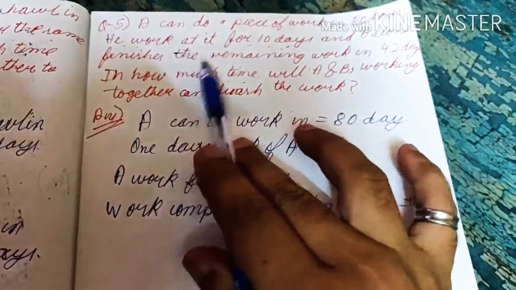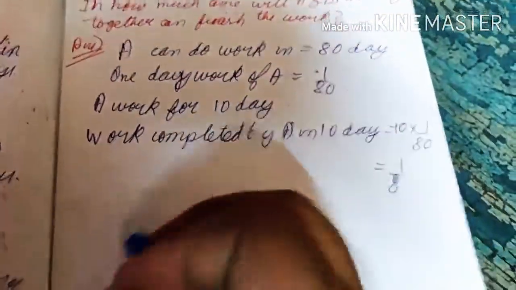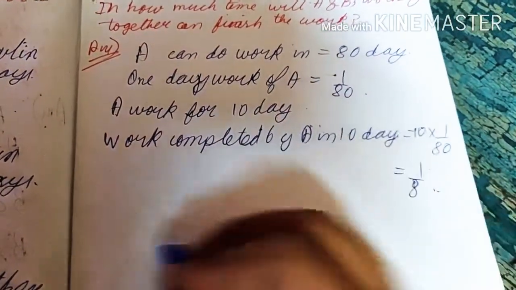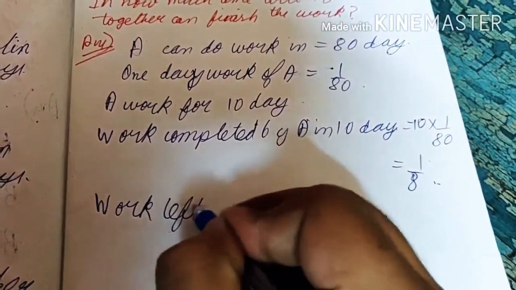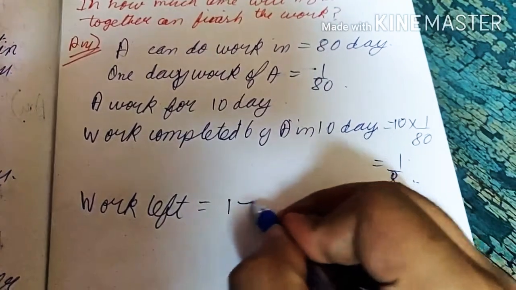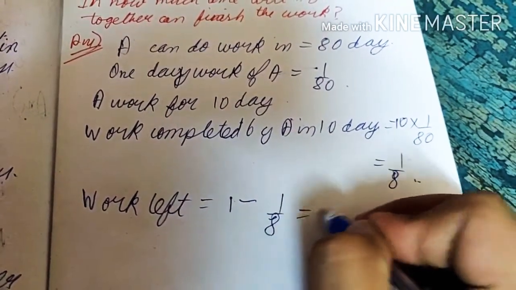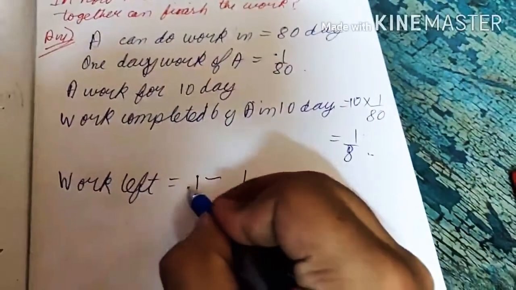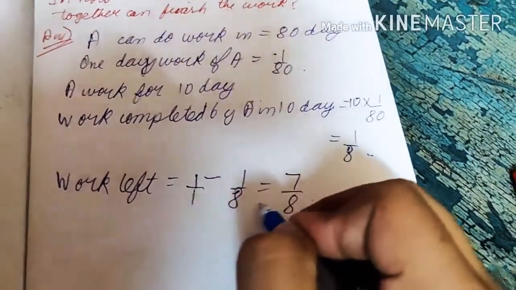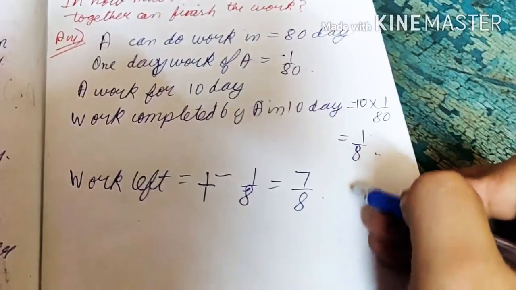And then B alone is doing the work. Okay. So A has done this much work. So work left was equal to 1 complete minus 1 by 8. That is 7 by 8 of the work was still left. If we take 1 down and take 8 as the LCM, you will get 7 by 8.